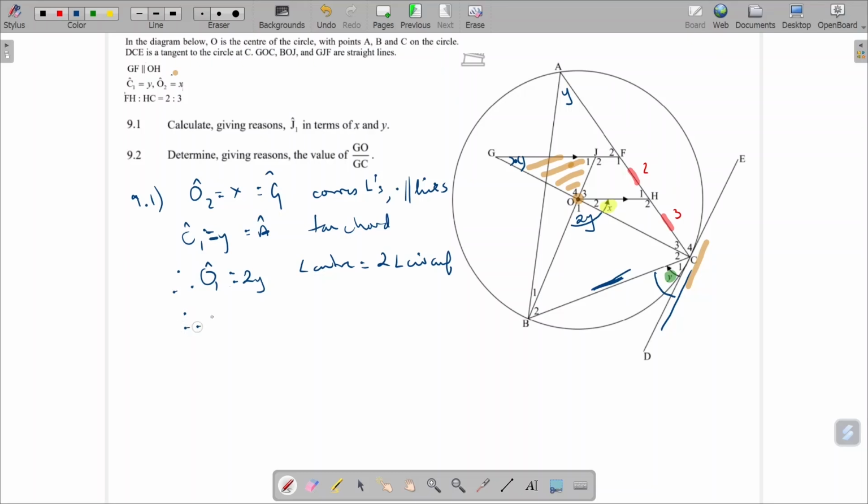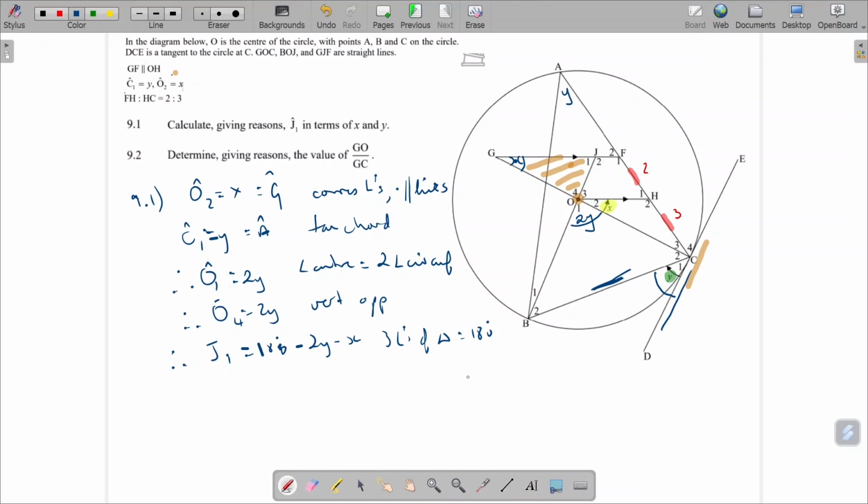And O1 equaling 2y meant that O4 equaled 2y, vertically opposite. And as a result, J1 would equal 180 degrees minus 2y minus x, three angles of a triangle equal 180 degrees.